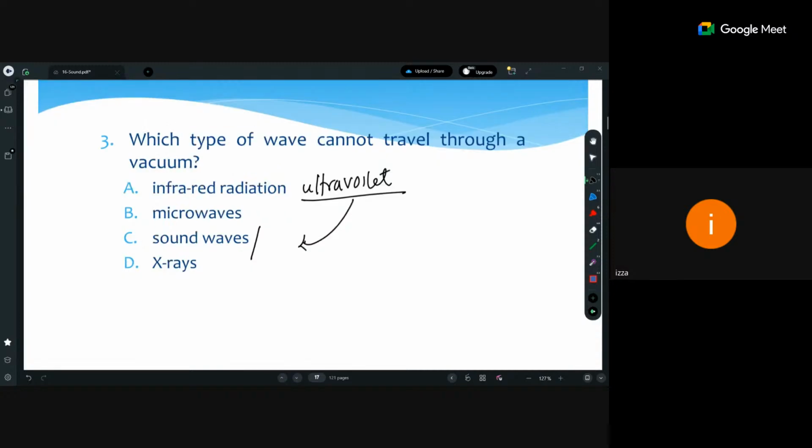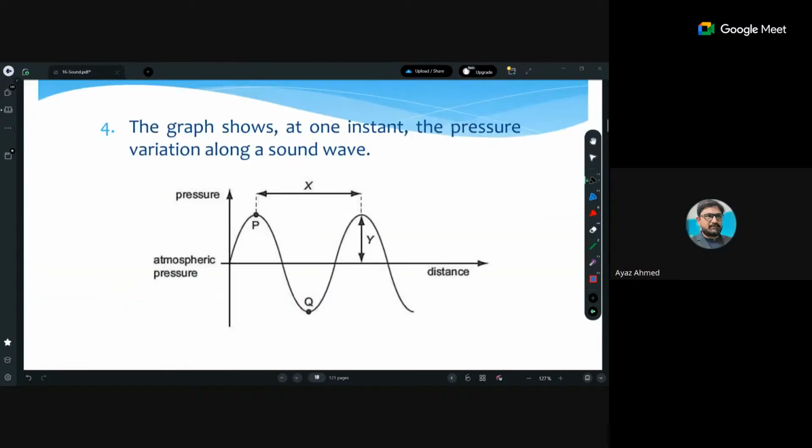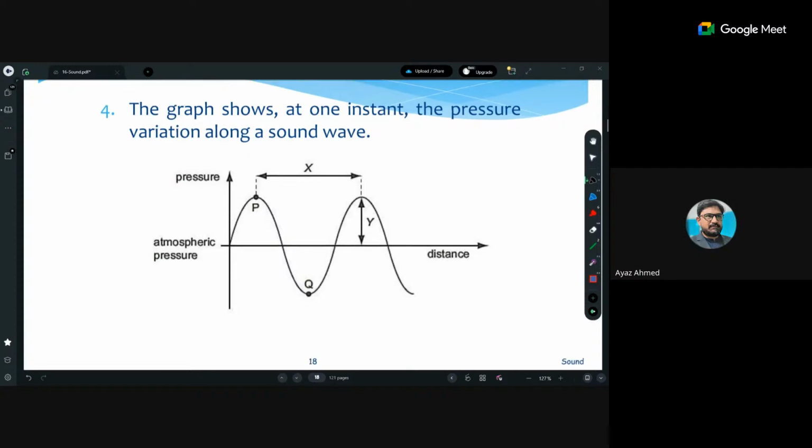Move on, go through that question. The graph shows, at one instant, the pressure variation along the sound wave. This is that question I have discussed with you.